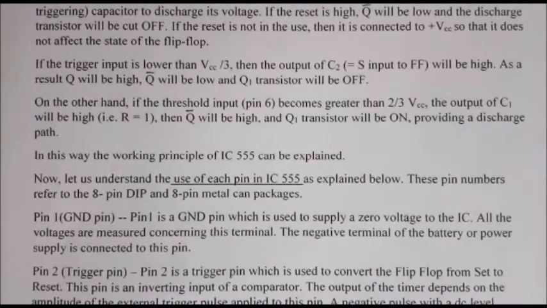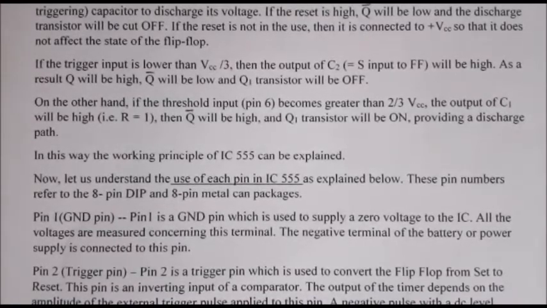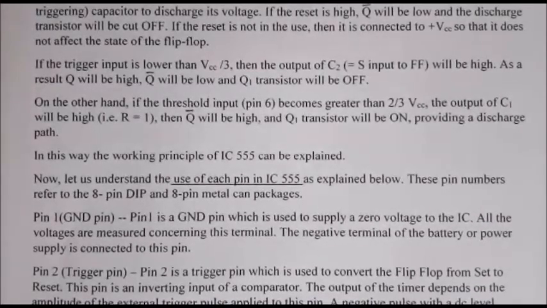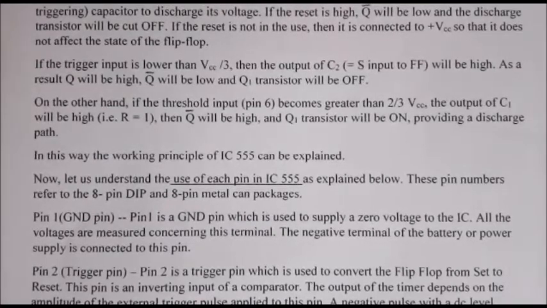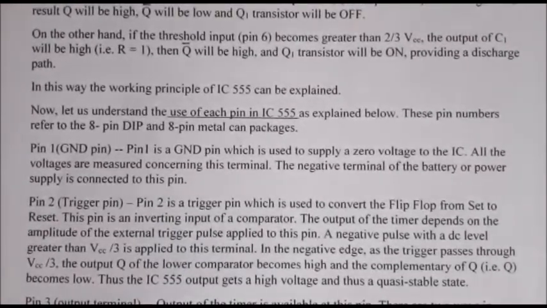On the other hand, if the threshold input, that is pin 6, becomes greater than 2 by 3 VCC, the output of C1 will be high, that is R is equal to 1. So naturally S will be equal to 0, that is Q bar will be high and the Q1 transistor will be on, providing a discharge path. So in this way, the working principle of IC 555 can be explained in short.